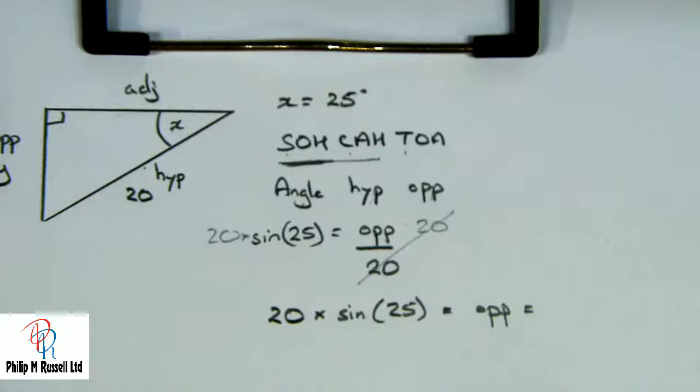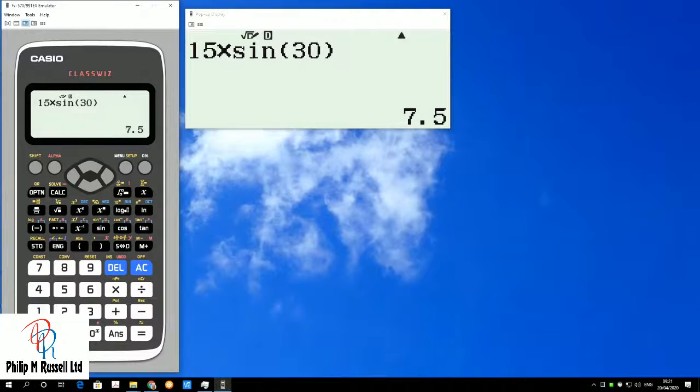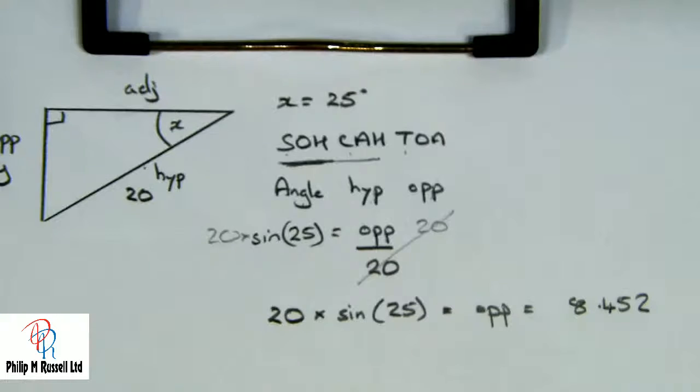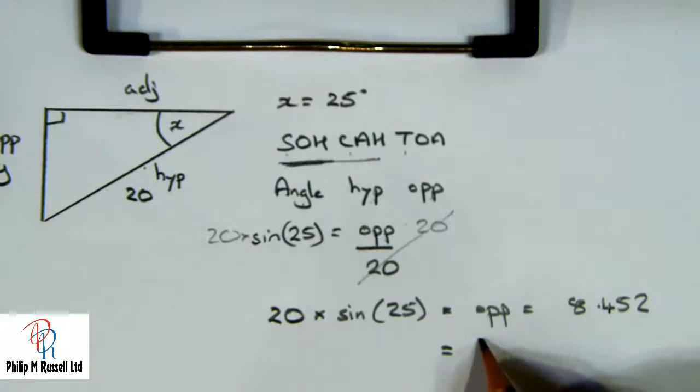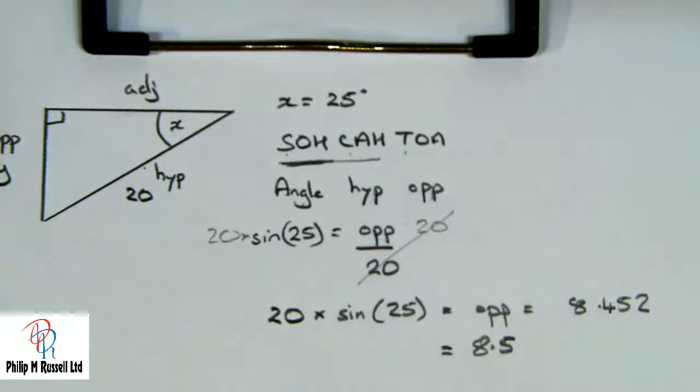Let's go to the calculator, and we've got 20 times the sine of 25 gives us 8.452, and I'm just going to round that number to something a little bit more useful, which is going to give me 8.5. And there we've solved another one.